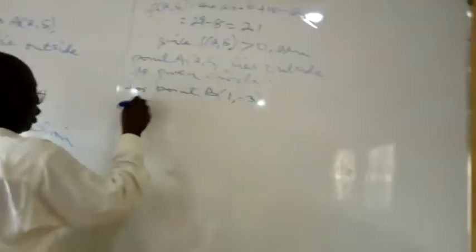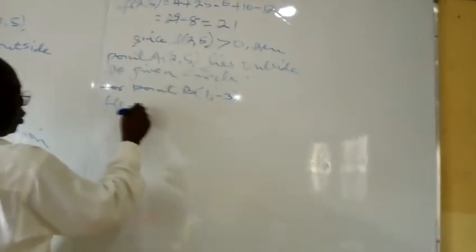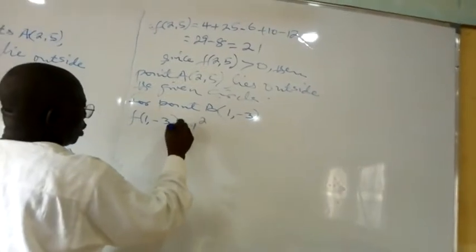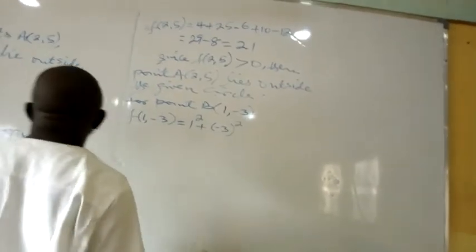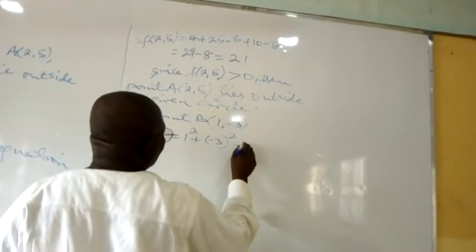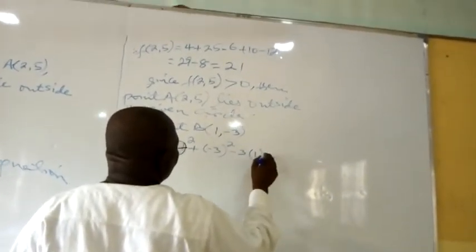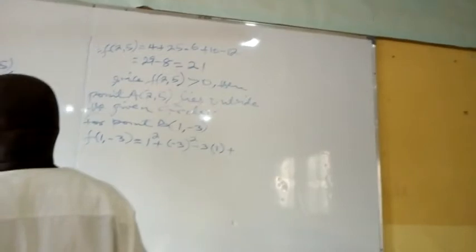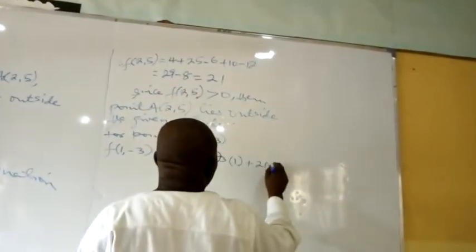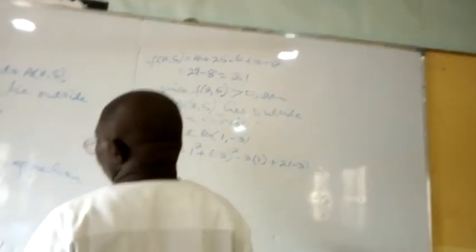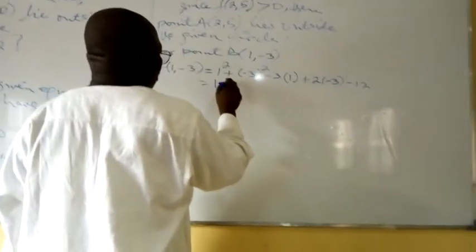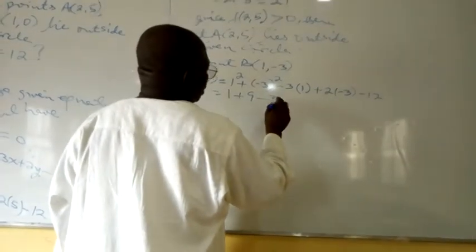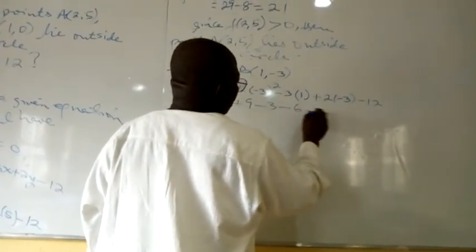So f(1, -3) = 1² + (-3)² - 3 into 1 + 2 into -3 = 1 + 9 - 3 - 6 - 12.